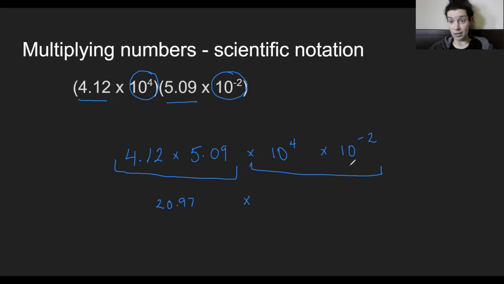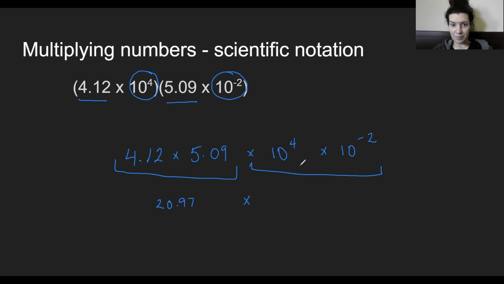You can do this in a calculator. 10 to the fourth power times 10 to the minus 2 power. That didn't work. Okay, you can do it in a calculator, but I don't recommend it. It's actually kind of difficult.